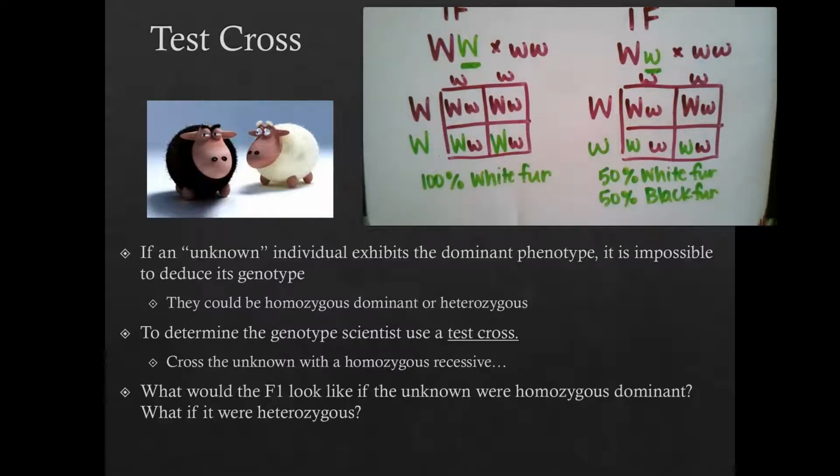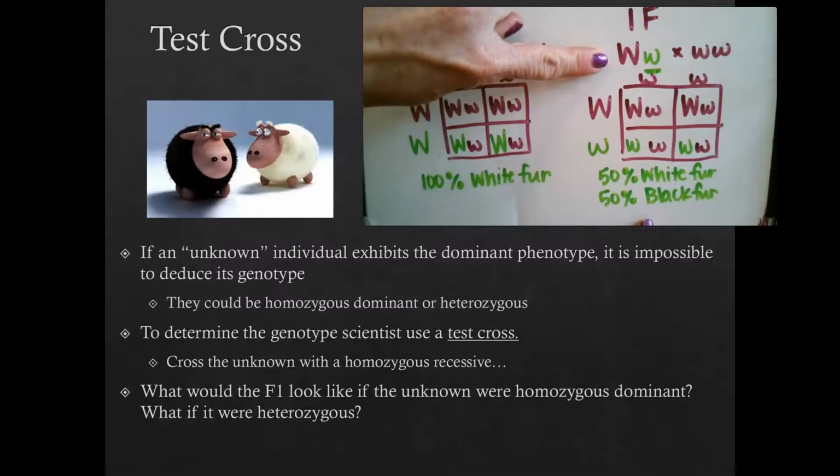So if we were to perform the cross and we saw that we had 50 offspring and they all had white fur, that would tell us that it was this genotype up here. If we had a setup like this, we performed the cross, and we saw 10 white sheep and 3 black sheep, that would still point to this cross.